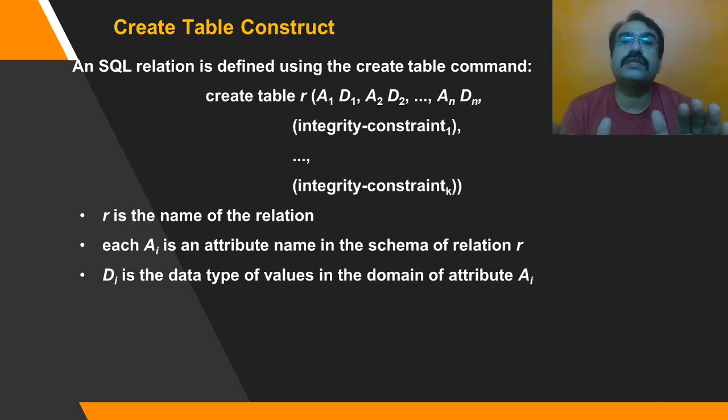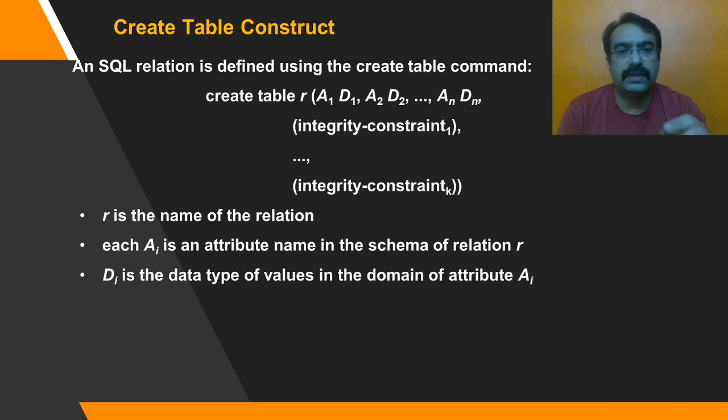An SQL relation is defined using the create table command. Create table are the keywords of SQL. Then we define the attribute name and its domain type in a continuous manner. If you look at the syntax, create table R. R is the name of the relation which you want to give for that table in the relational model.